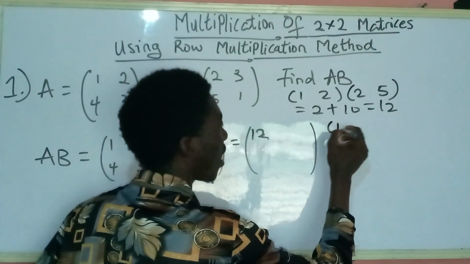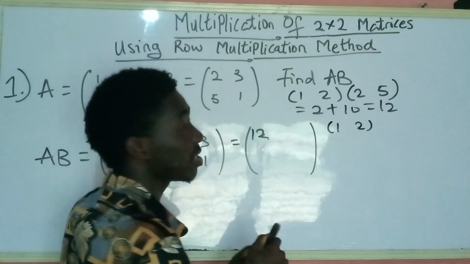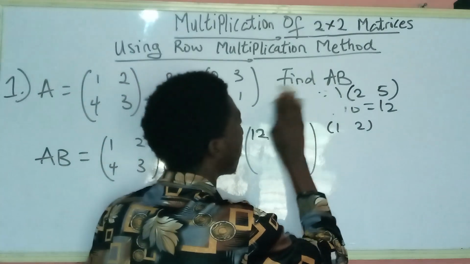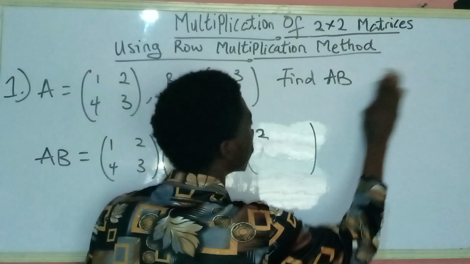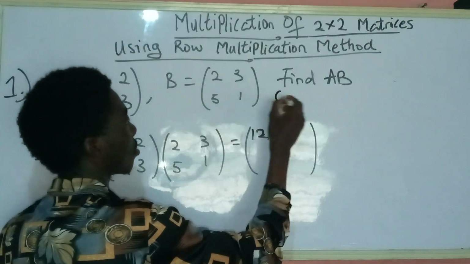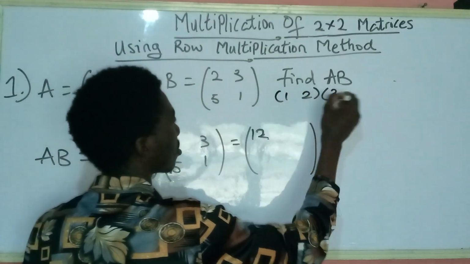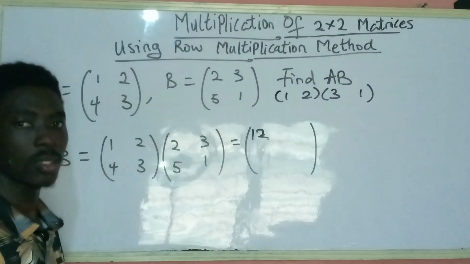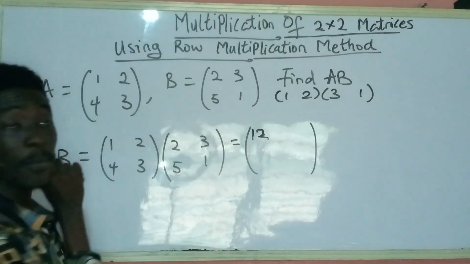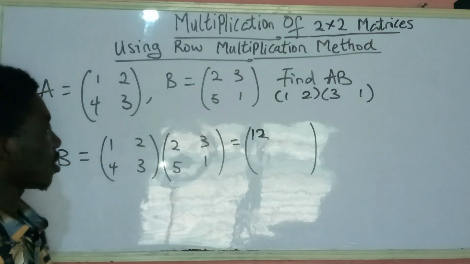So I'll clean this off. The next column is 3 and 1. That same row multiplies 3 and 1.